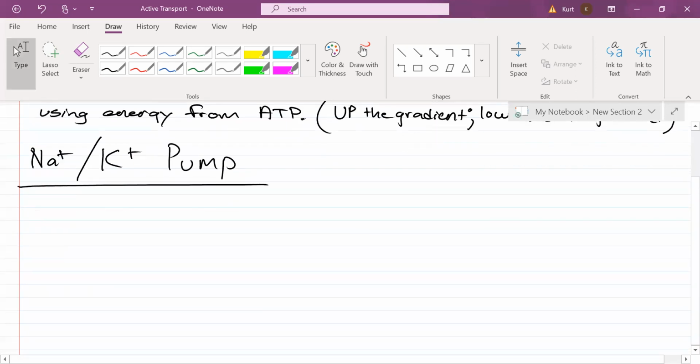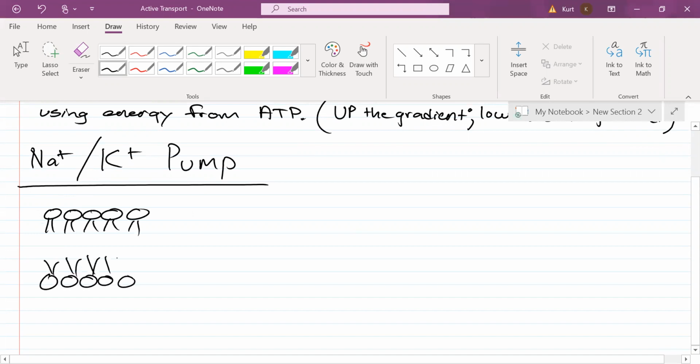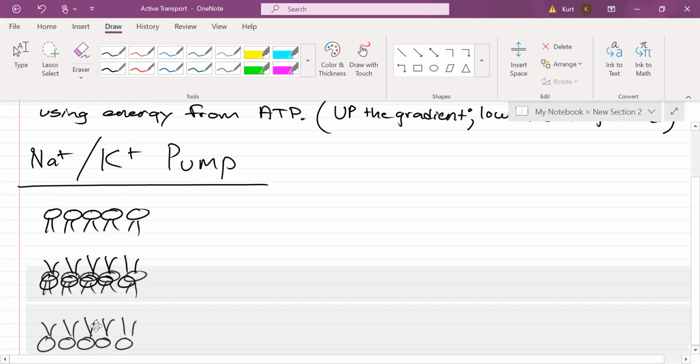So as you just saw in the video, in a nutshell, I'll show a little phospholipid bilayer here. This is the surface of a neuron.